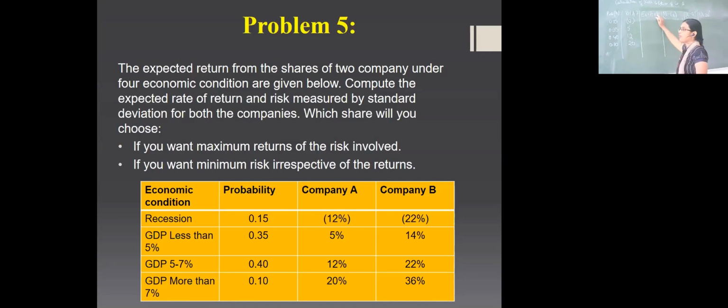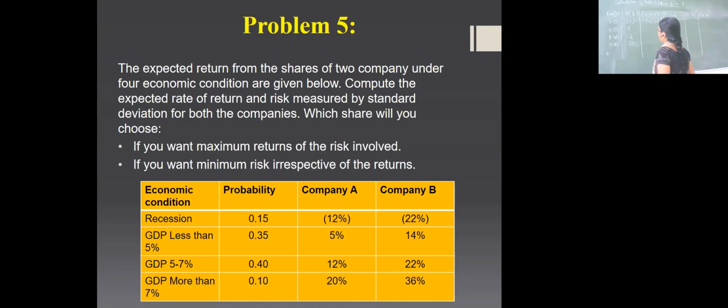ER stands for expected return: E expected, R return. So expected return is equal to PI into RI. 0.15 into minus 12. Please do consider minus also here. Minus 1.8. Very good.